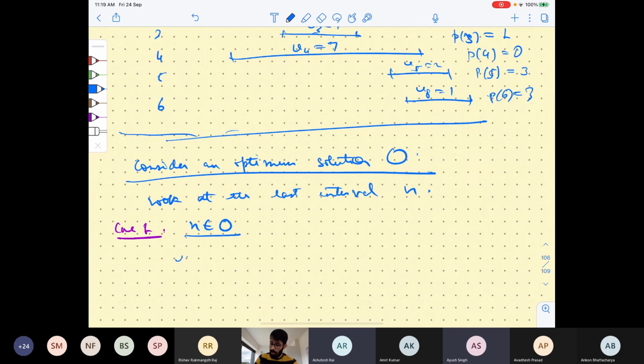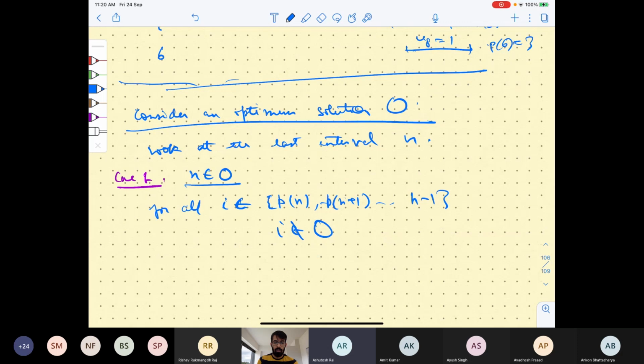Exactly. So for all i from pn plus 1 to n minus 1, i is not in O. This we can say. Can we say something else also? There's another thing which is quite nice that we can conclude from this.